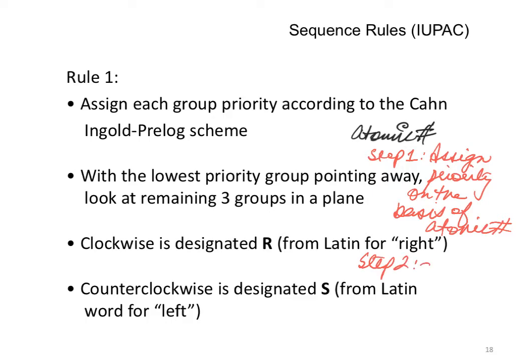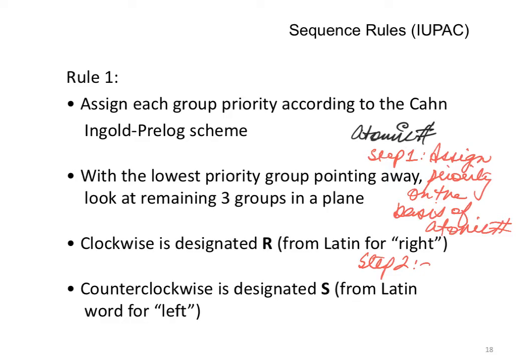you have to keep the least priority group away from you, and then move the 3 groups from 1 to 2 to 3 as if they were a part of a steering wheel. And if you're turning the wheel, are they moving in a clockwise direction or in an anti-clockwise direction?